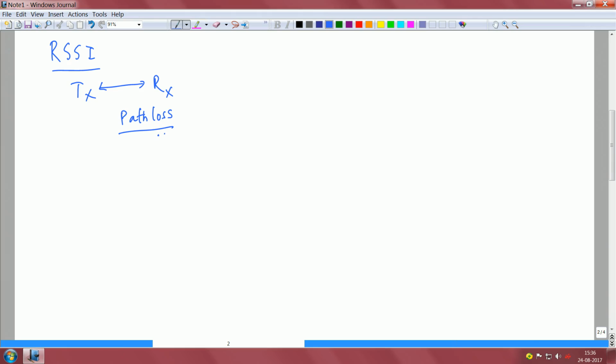Essentially with the received power, and if you know the transmit power, you know the range between the transmitter and the receiver. And this is being exploited in many RSSI based localization applications in BLE.